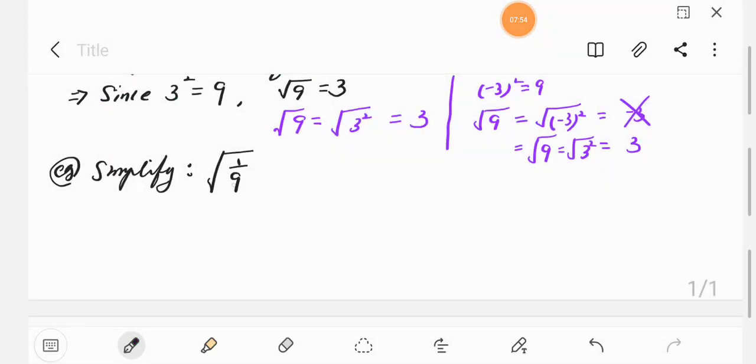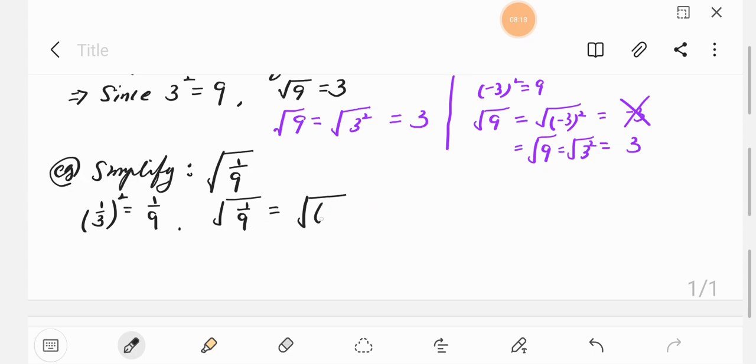All right, so let's try more examples. Square root of 1 over 9. What is 1 over 9? Isn't it 1/3 squared? Because 1 over 3 times 1 over 3 is 1/9, right? So if you keep this in mind, you can replace this 1 over 9.